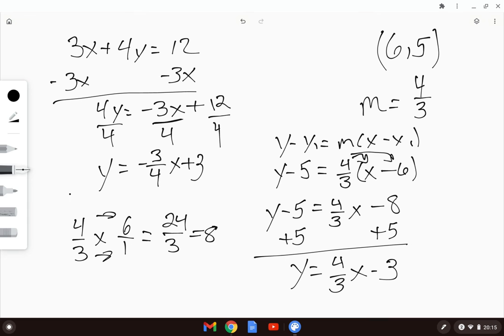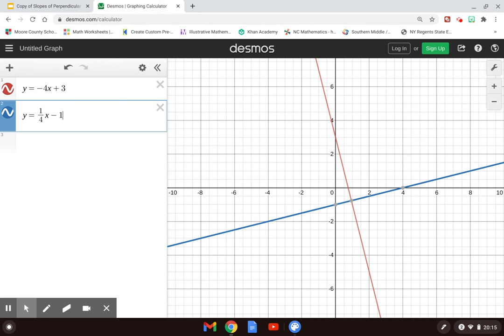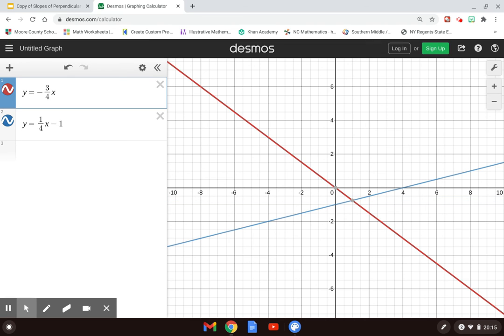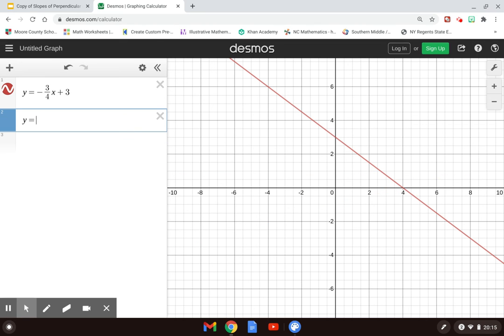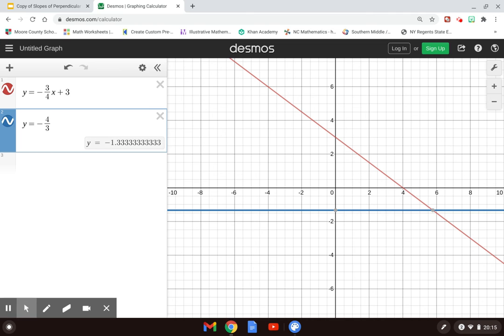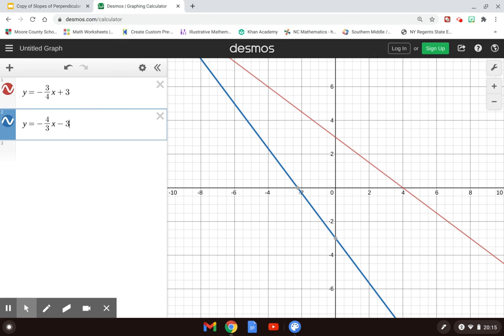Okay, so let's go graph both of these on Desmos. Oops, that one should be positive.